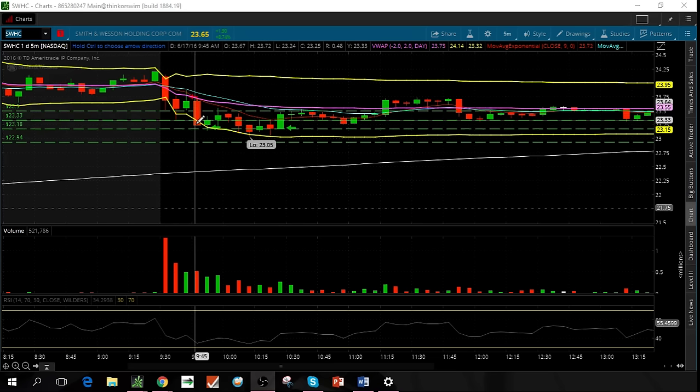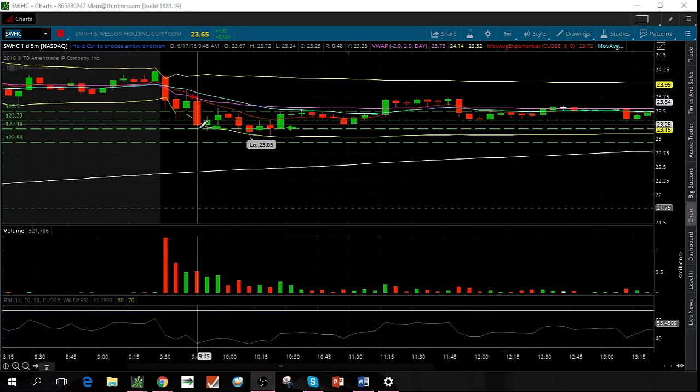I thought about taking it here, and my plan was to take some here at 23.30, but it was washing pretty nice, so I felt I would try to catch some at this level. But if it came back and recovered, I would take half off here at 23.33.